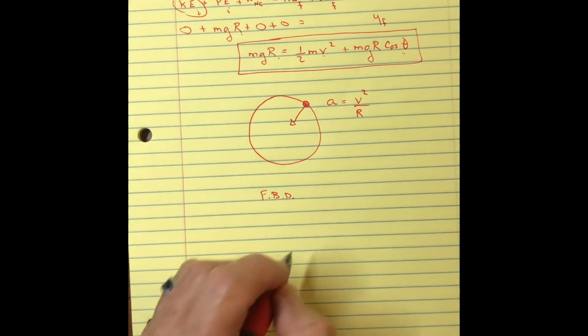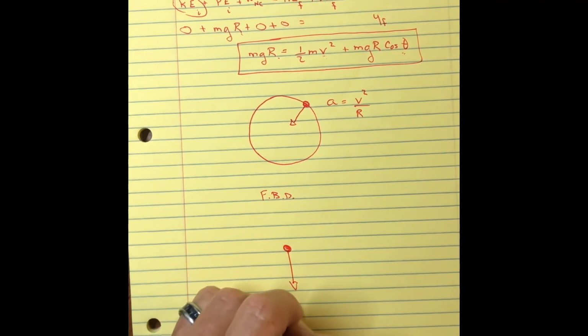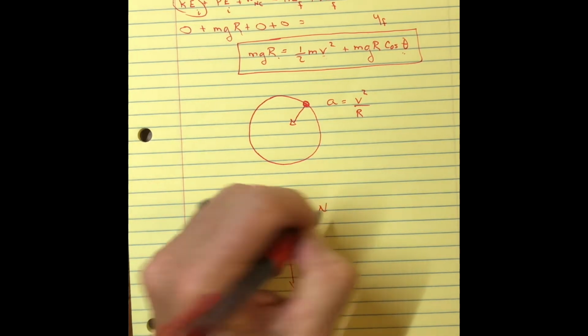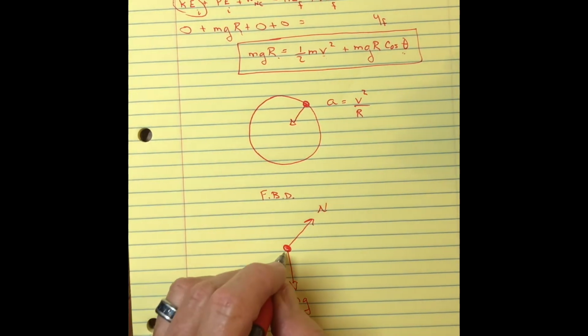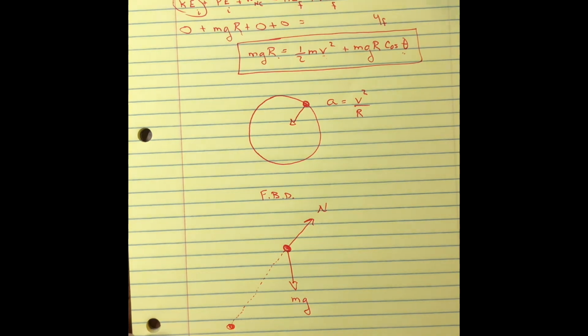So in other words, the free body diagram would look something like this. We would have gravity pulling down and the normal force pulling off to the side. And then notice straight down from the normal force is the center of the circle.